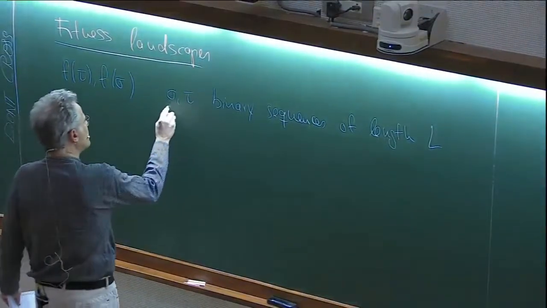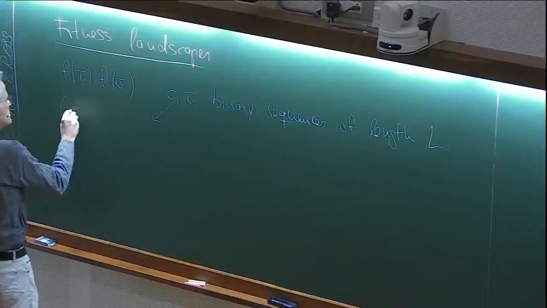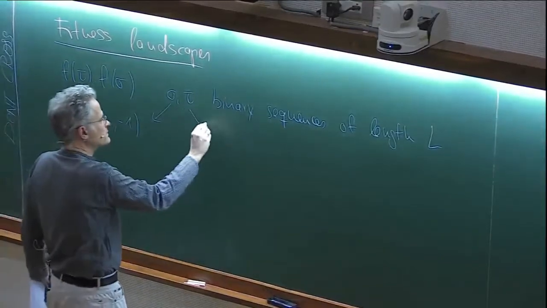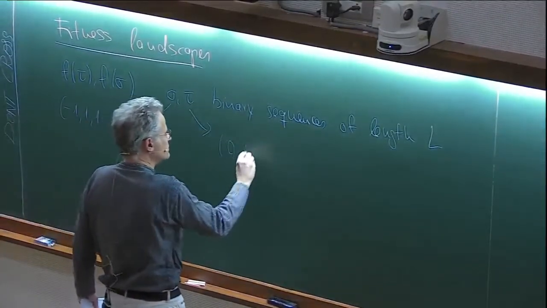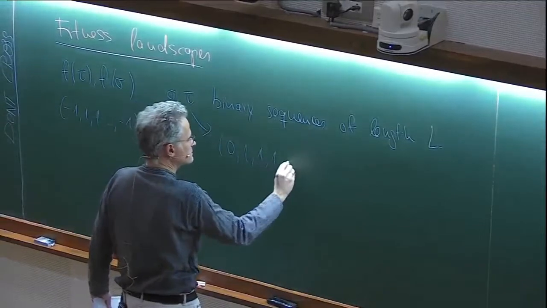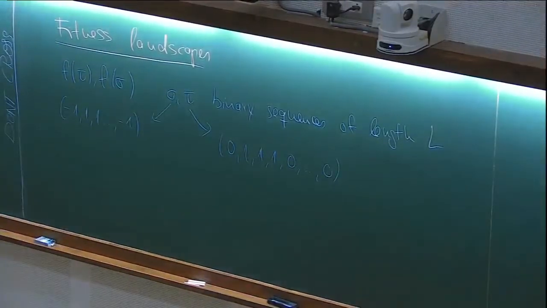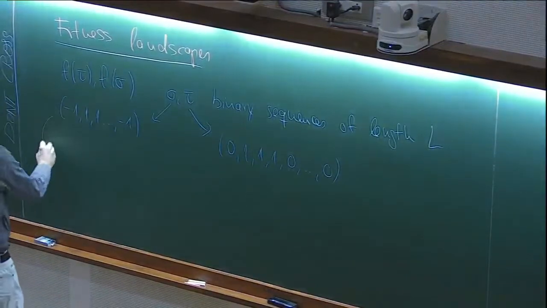And the sigmas are sequences of -1s and 1s, and the taus are sequences of 0s and 1s, right? But for the present discussion, this actually doesn't play a big role. So these things form a sequence space.